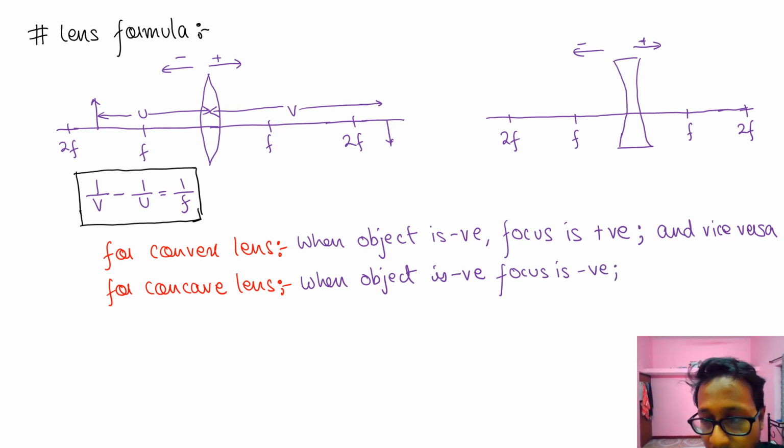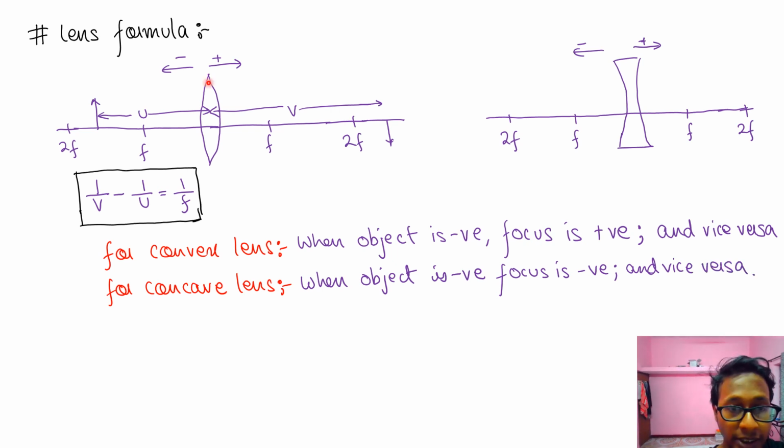When the object is positive, focus is also positive. So that means in convex lenses, focus is always taken in the direction opposite to the object's side, and in concave lenses, focus is always taken on the same side as the object.